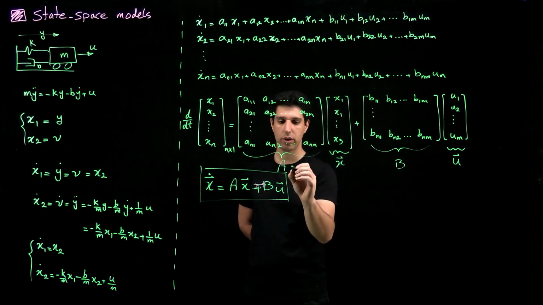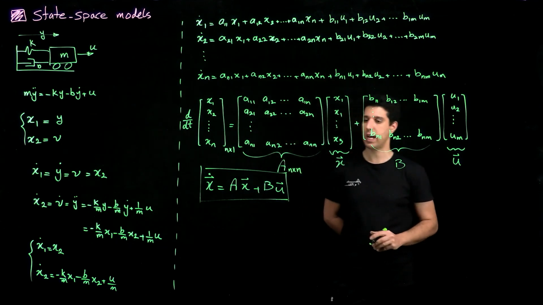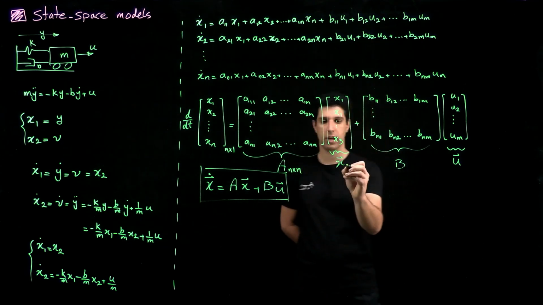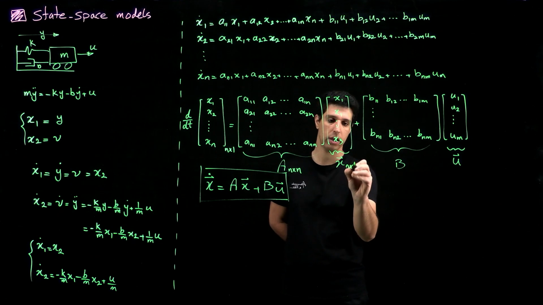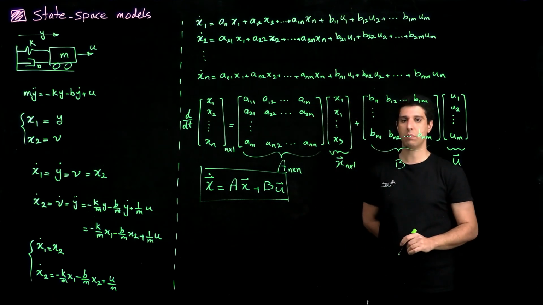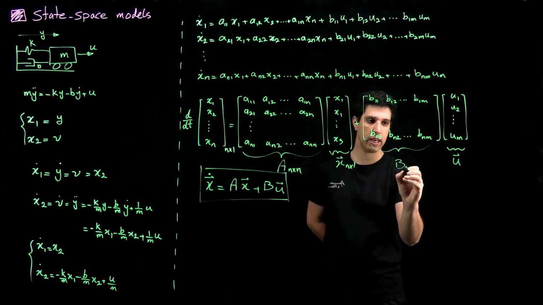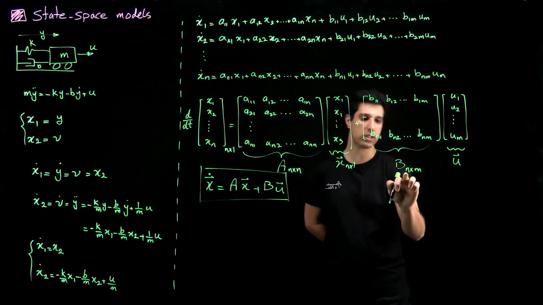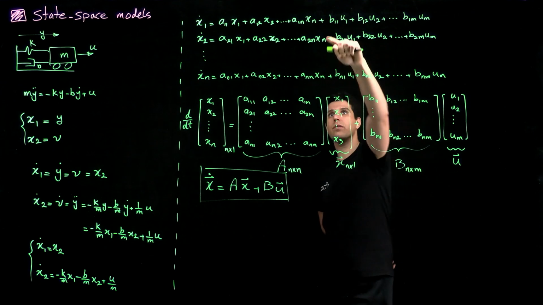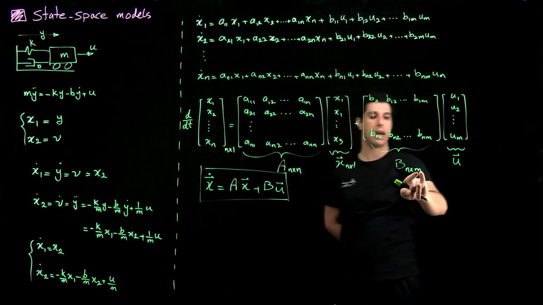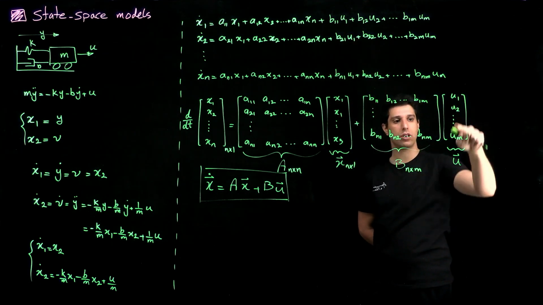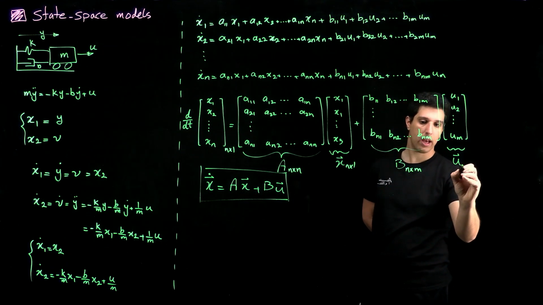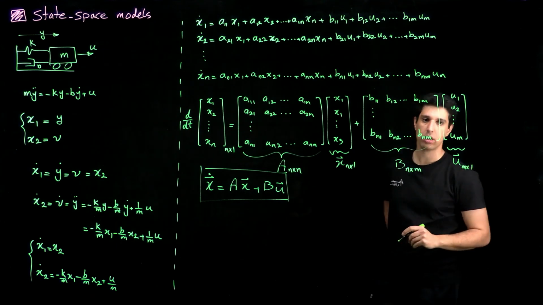My A matrix is always a square matrix, n by n. B is n by m because I need n rows because of the n equations, and I have m inputs, u1 to um. My u vector is m rows, 1 column.